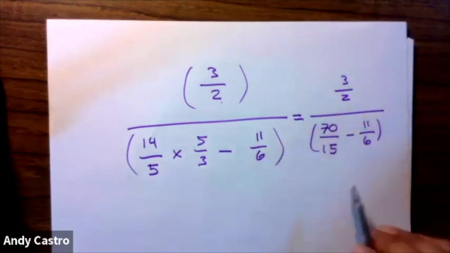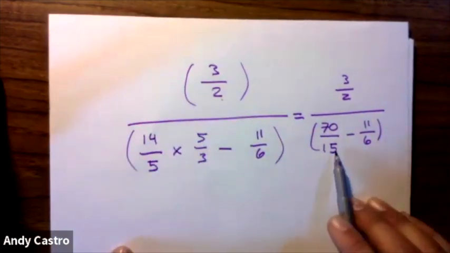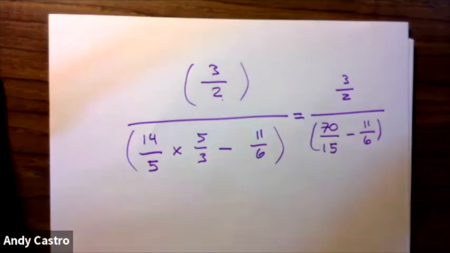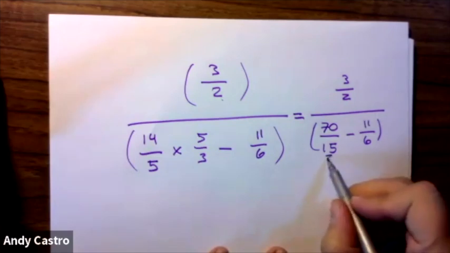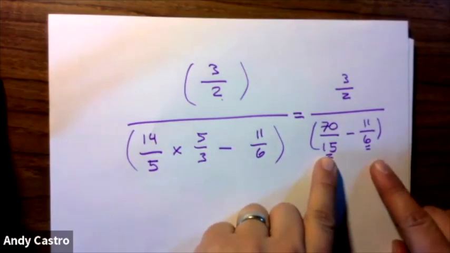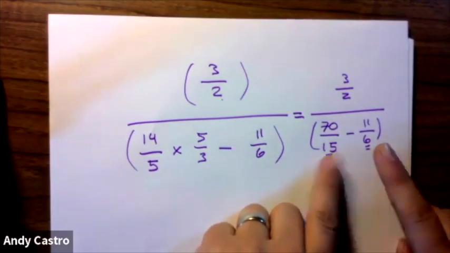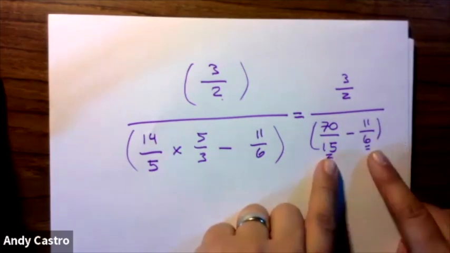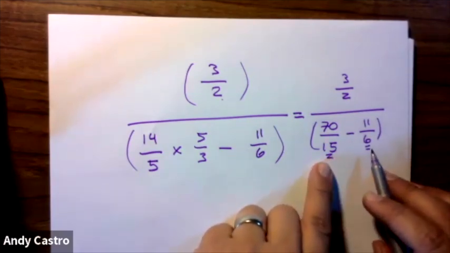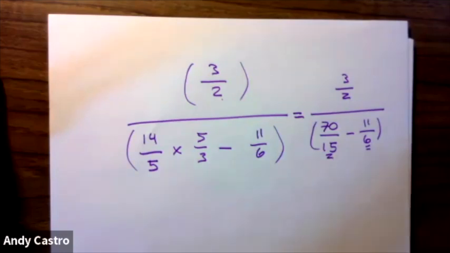All right, so now I still have parentheses on the top and bottom. Top again doesn't matter. But now notice that I am subtracting two fractions with dissimilar denominators. What does that mean? That means the denominators here are not the same. So I have to find the least common multiple of 15 and 6. So an easy way to always do this is just to multiply the 15 and 6 together in order to get a common denominator.